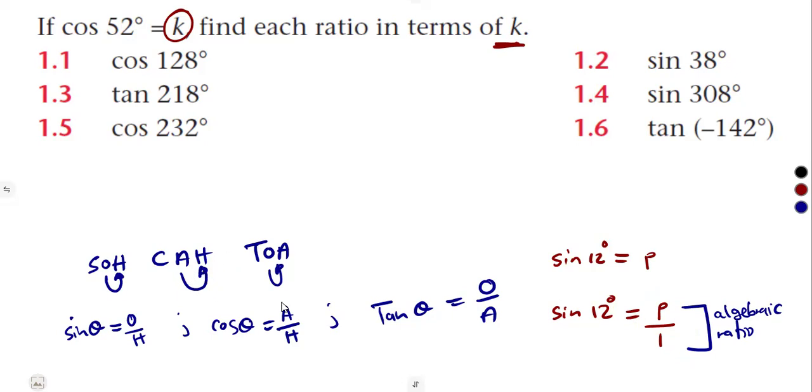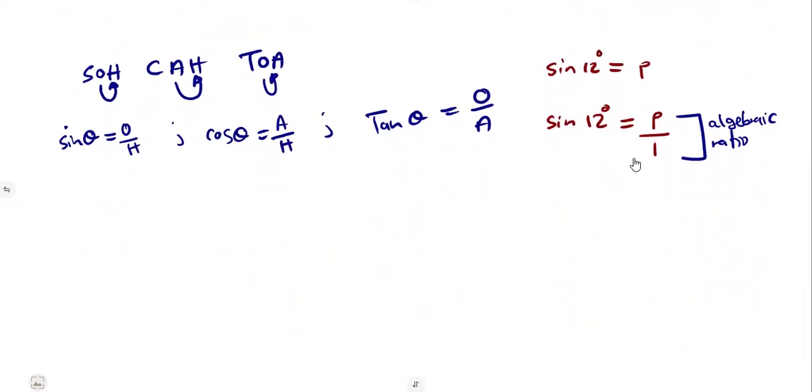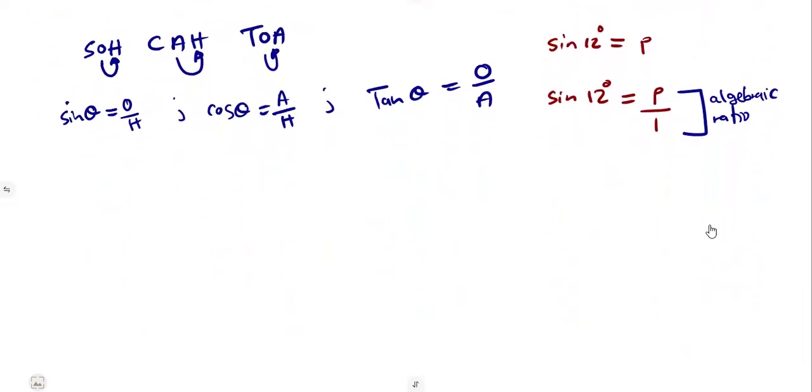How can it answer other questions? We must know where this ratio was taken and what it means. The ratio of a sine is opposite over hypotenuse. So P represents the opposite. What about 1? The hypotenuse.